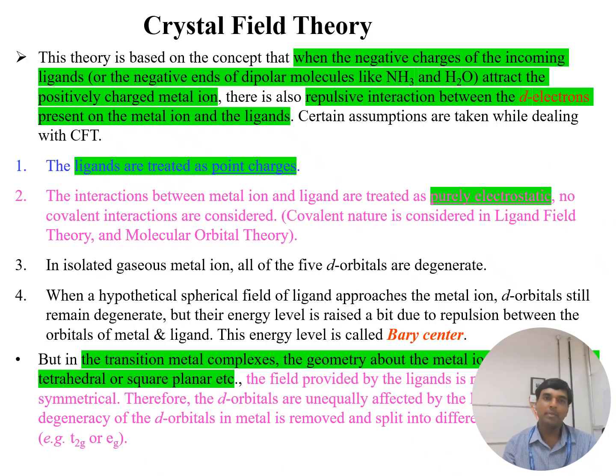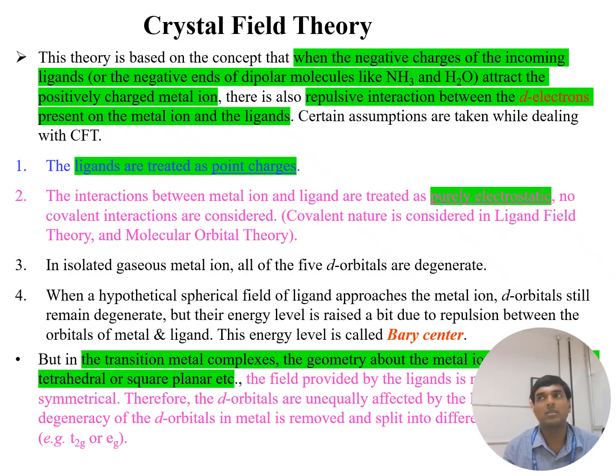Crystal field theory is based on the concept that when the negative charges of the ligands approach the positively charged metal ion, there will be repulsion between the ligands and the d electrons in the metal complex, and degeneracy will be lost. There are some postulates.